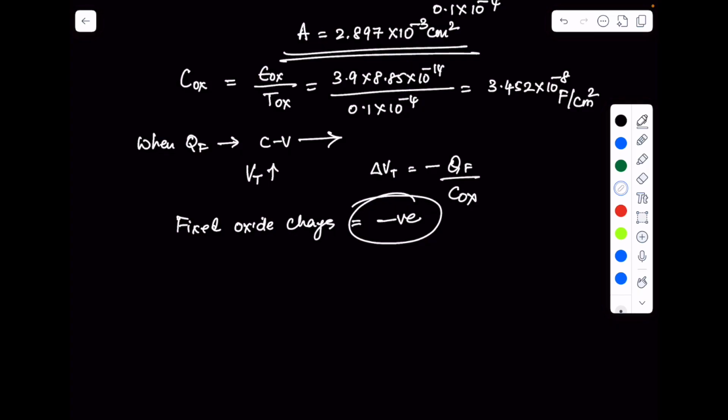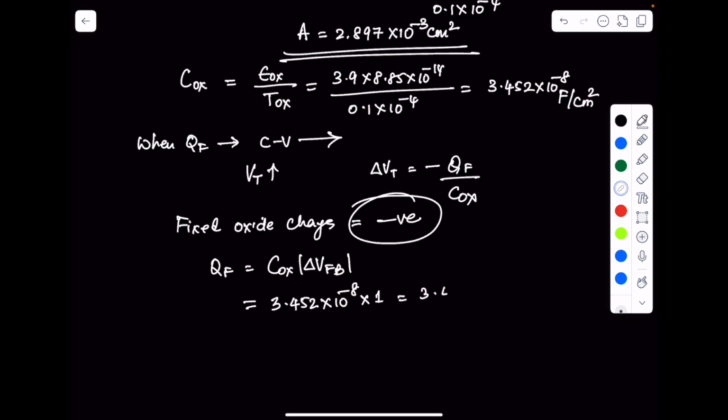The amount of fixed charge is just given by Cox times delta VFB, and I'll just take the modulus because I know that the charge is going to be a negative charge. So I'm going to have 3.452 into 10 power minus 8, and the change in the flatband voltage is 1 volt. So it's 3.452 into 10 power minus 8 coulombs per centimeter squared.